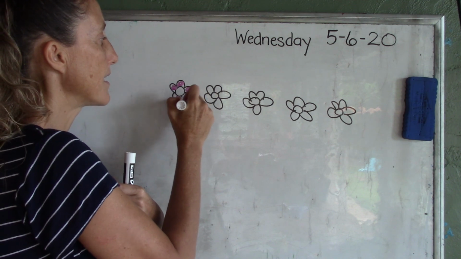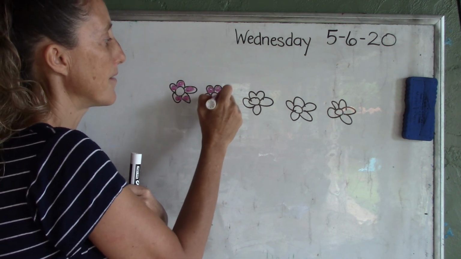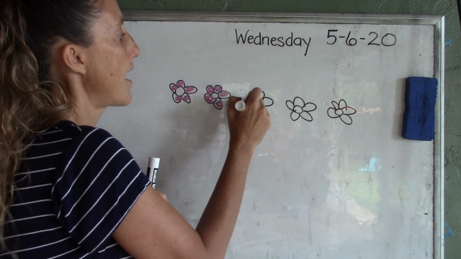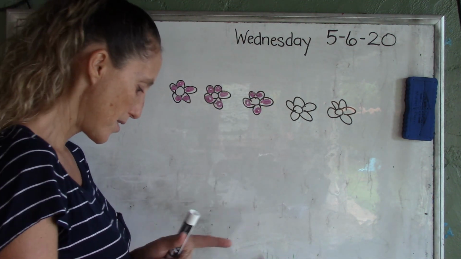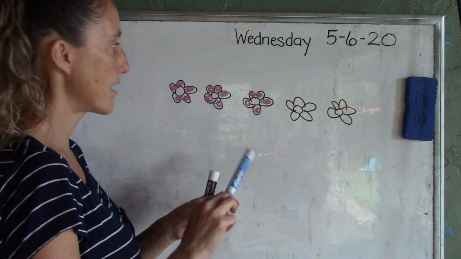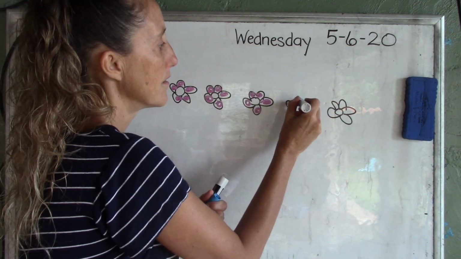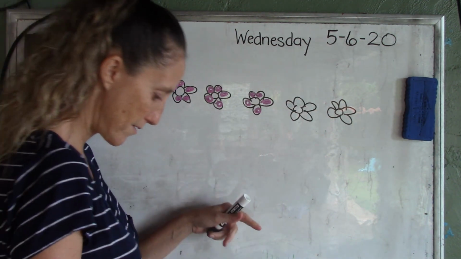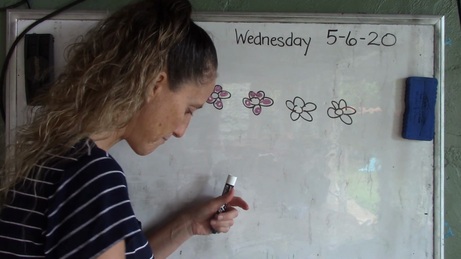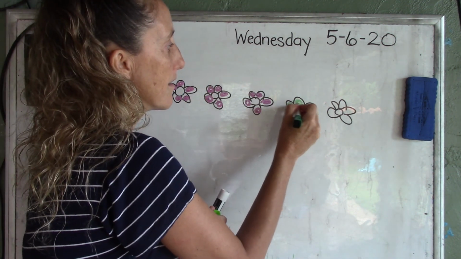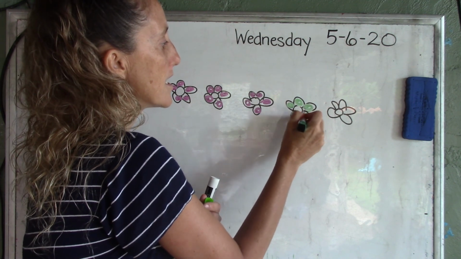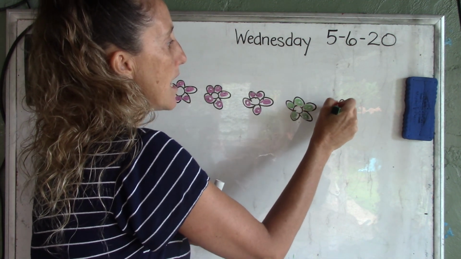I'm not doing a very good job, but if it was in my coloring book, I would do a really good job. And I wanted to color 2 of them blue. So I colored 2 of them blue. And this blue does not want to work. Maybe I will color these 2 green. How about that? I'll just change it up because my blue does not work.